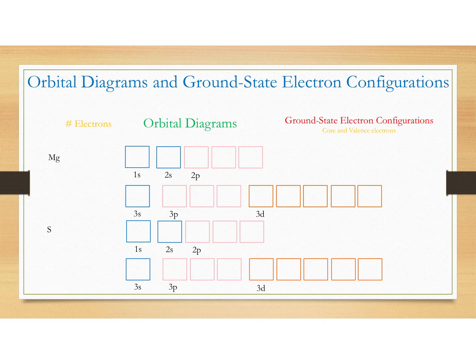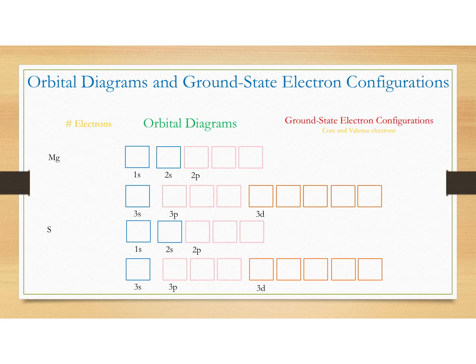Okay, let's look at orbital diagrams and ground state electron configurations. Let's look at magnesium. Magnesium on the periodic table is in the 3rd period. What does that mean? When you're writing your orbital diagrams, you're going to repeat these over and over again.